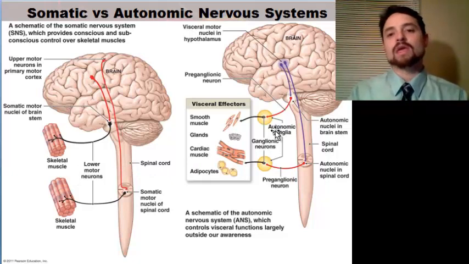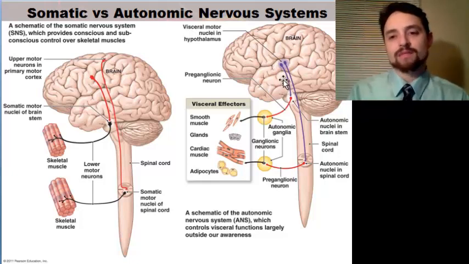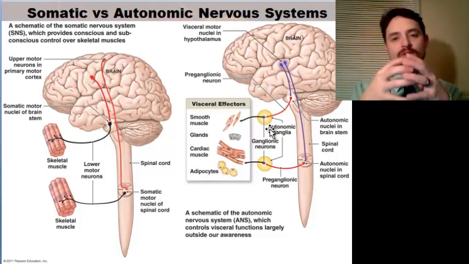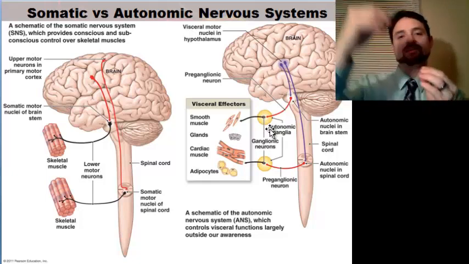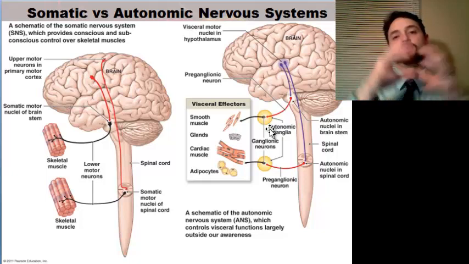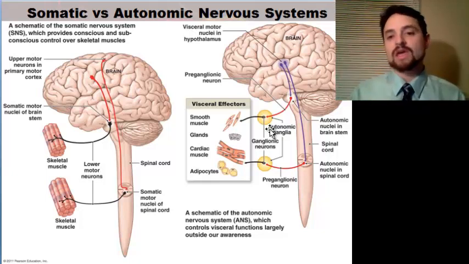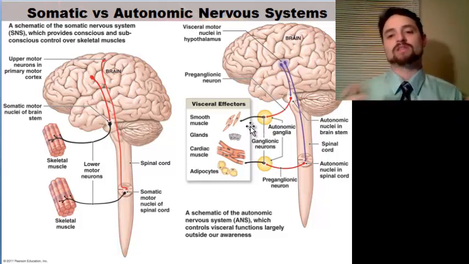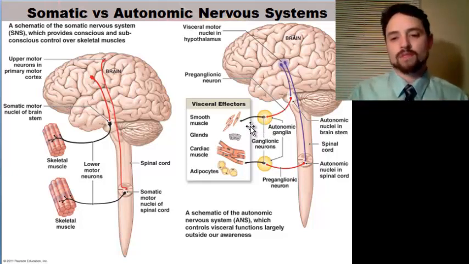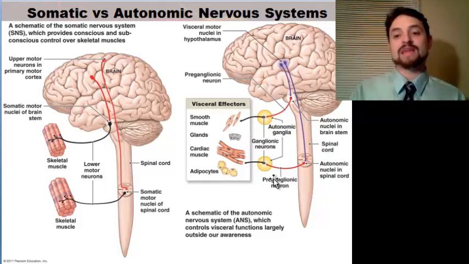In the autonomic nervous system, the region that controls this primarily is the hypothalamus, and the hypothalamus is then connected to those preganglionic neurons, and then there'll be an autonomic ganglion. Now, a ganglion is kind of like a group of nerve cells, and so once that signal hits that group, from that group it'll actually fire in several directions, and you'll see then the ability to contract smooth muscle, glands, cardiac muscles, adipocytes, whatever may be connected there.